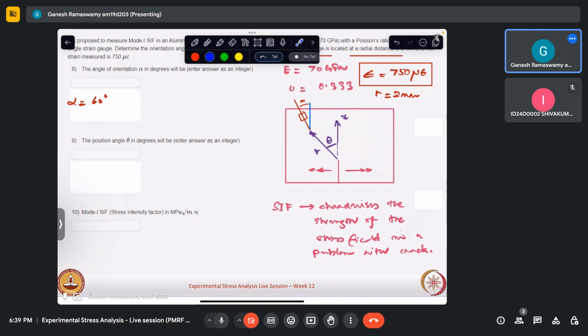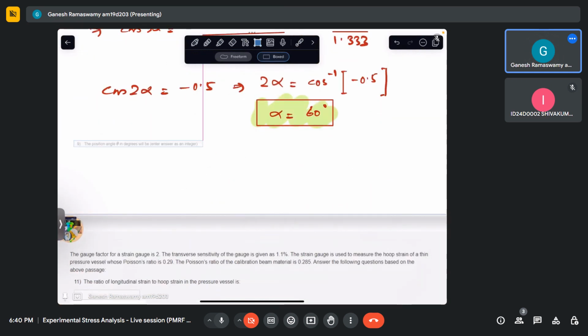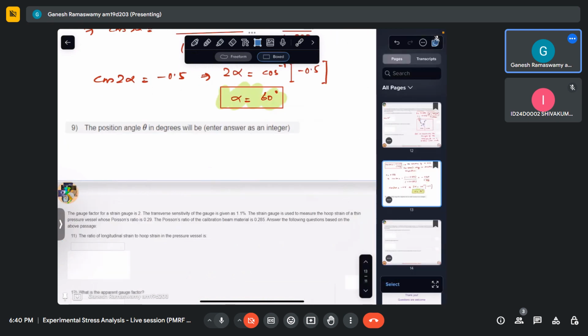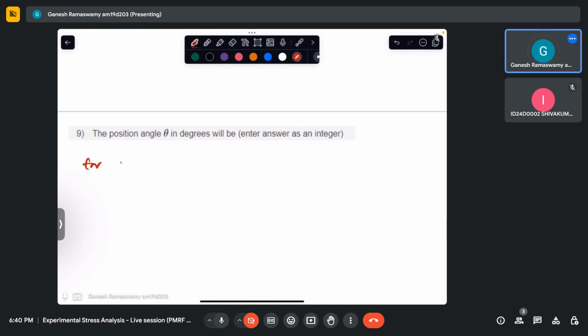Further, now for this question, for this position, the first coefficient of the multi-parameter equation for the strain field would disappear when tan theta by 2 is minus cot 2 alpha.